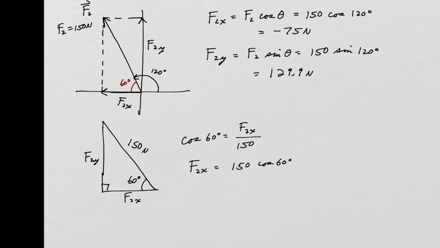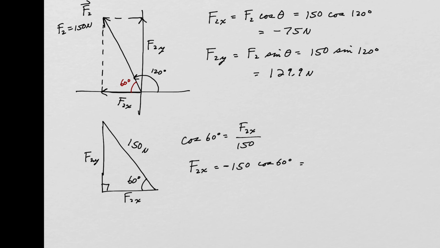But the thing you have to be careful with, if you use just a reference angle, then we have to get the correct sign by looking at the original picture. Since F2x is pointing to the left, this has to be negative, right? If I just type that in, it's going to be a positive value, so I have to put in the negative. So if I do it this way, I have to attach the correct sign.